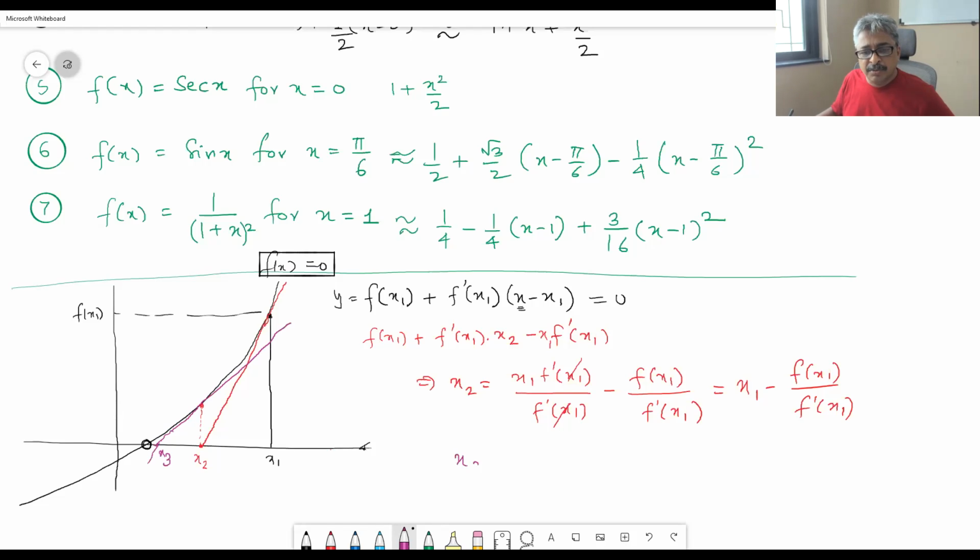And x3 is going to be similar to x2. x3 is x2 minus f of x2 upon f dash of x2. Is that right? Okay, you have reached here. Go vertically up, draw tangent. It is difficult now. But then if you keep doing these iterations, you will go near the root. That is Newton's method.